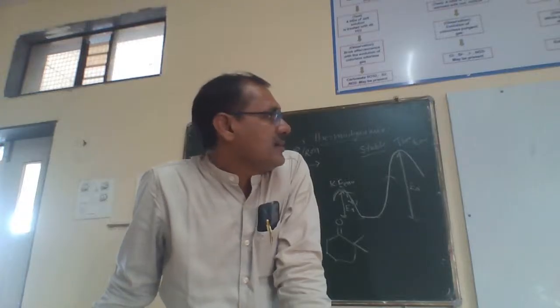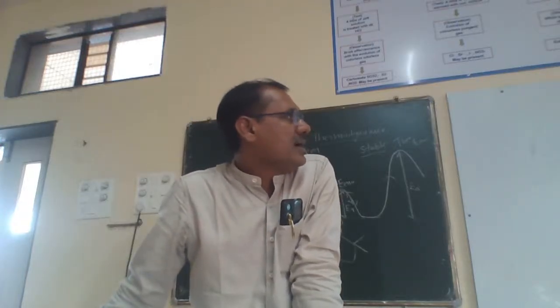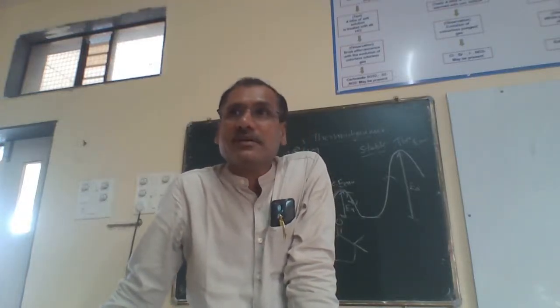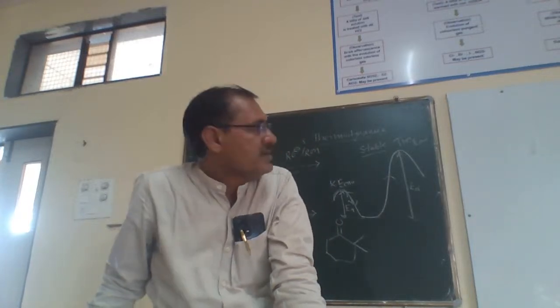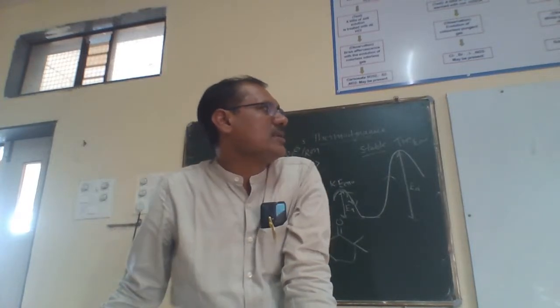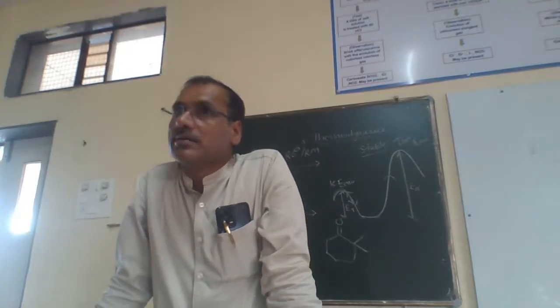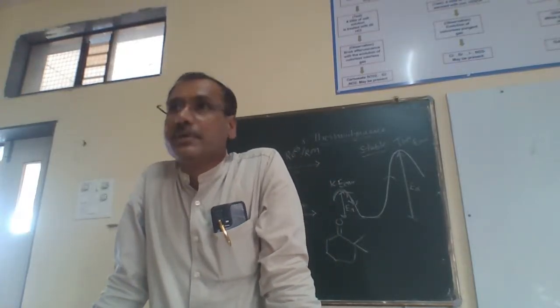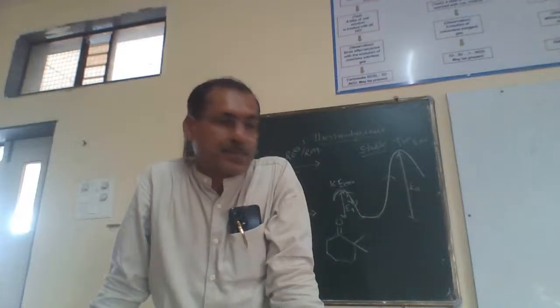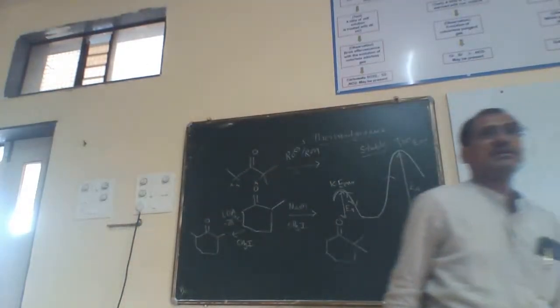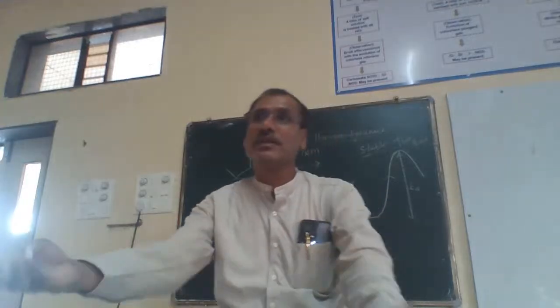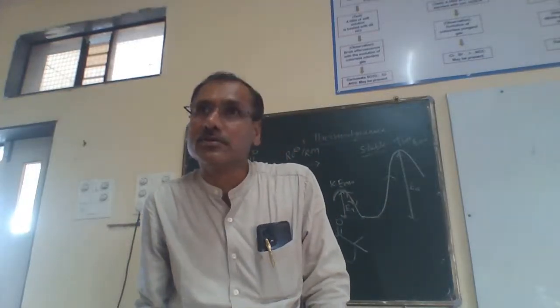Second example, aldol condensation, carried out at LDA, minus 78. I will tell you what aldol condensation is later on. We have not reached there yet. You can look at these examples later, after we complete the rest of the portion. Now this is an example where you can see alpha bromination of a ketone.